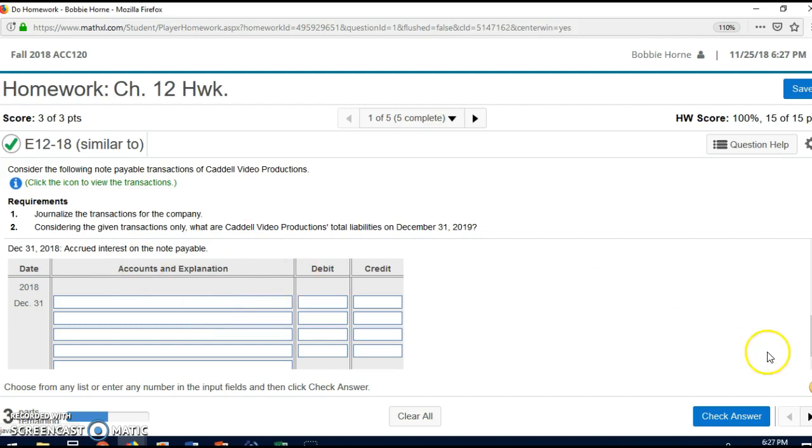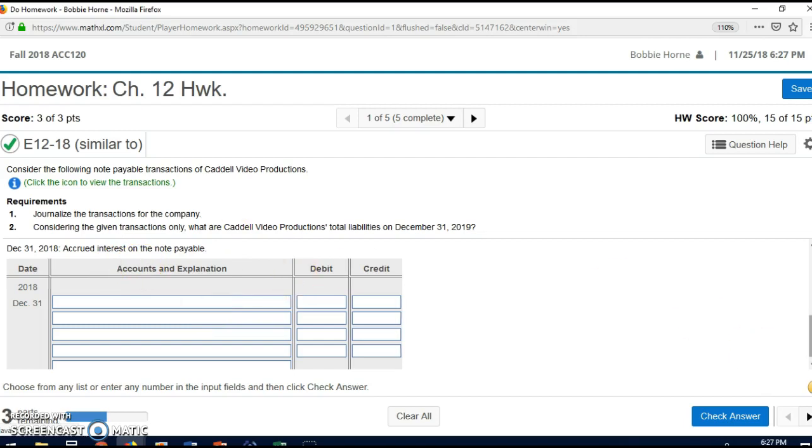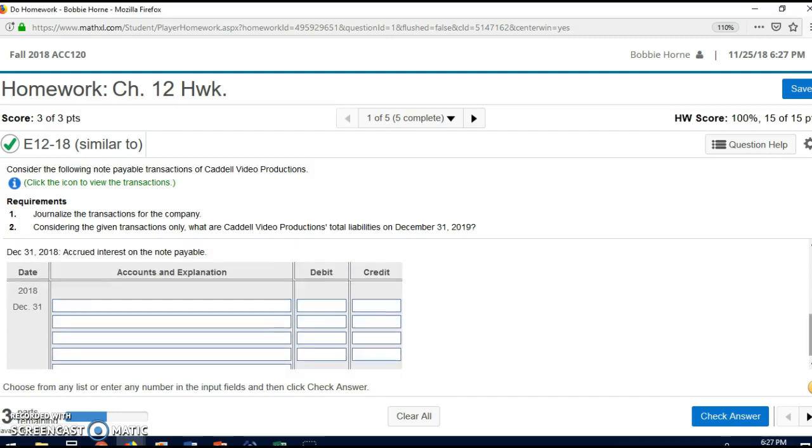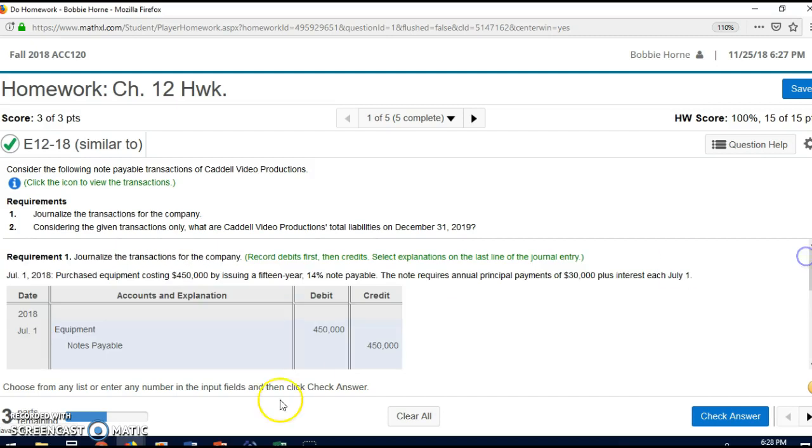Now, to accrue interest, we purchased this in July. So we have July, August, September, October, November, December. So 6 months. So we're going to take the principal amount of the note, which was $450,000, times the 14%, 0.14, and then 6 out of 12 months, or 1/2, or 0.5.